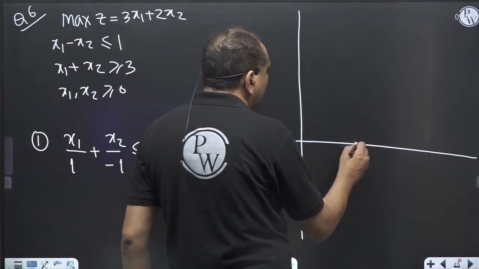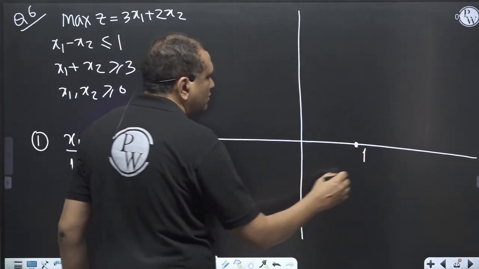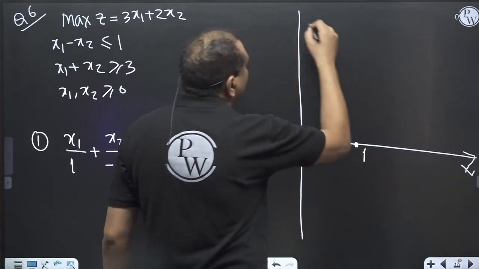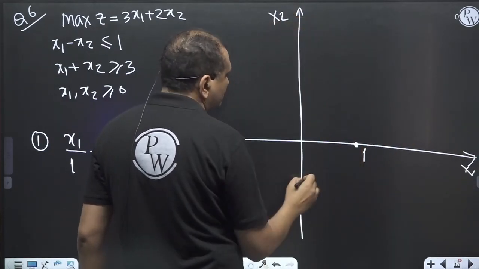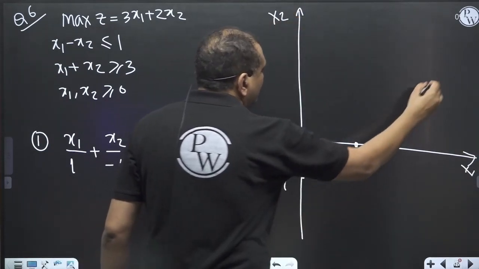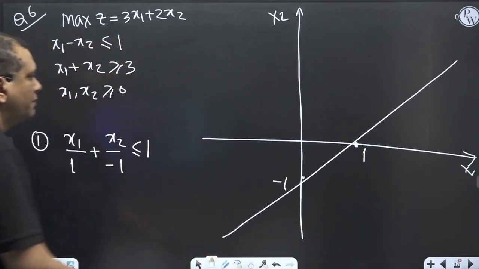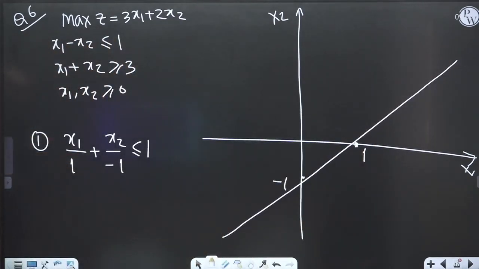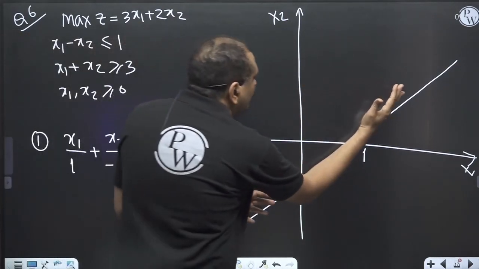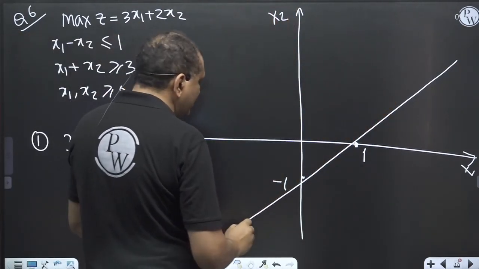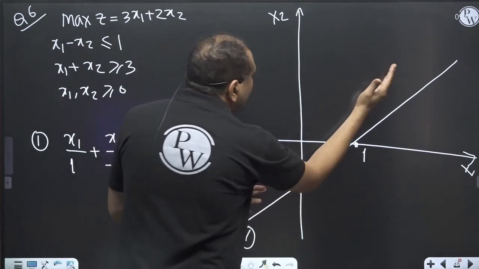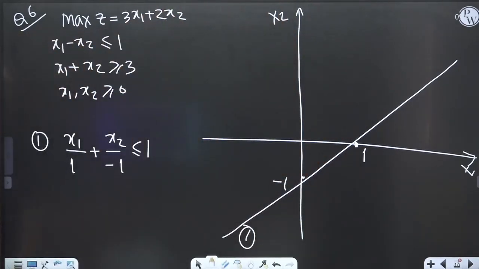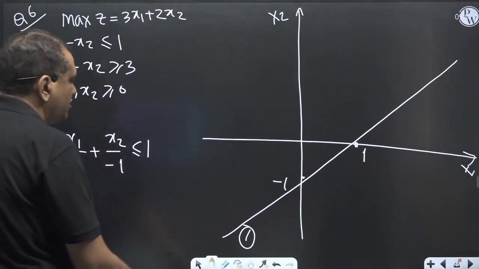So the intercepts are 1 on x1 and minus 1 on x2. Because it's less than or equal to 1, the region will be towards the origin. This is the first constraint.